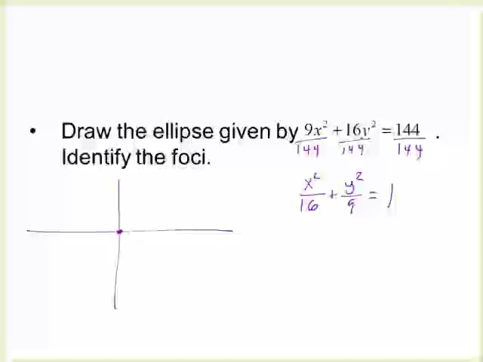Then from the origin, under the x is a 16. We are going to take the square root of that and go that far out along our x-axis. So along our x-axis, from that center, I'm going to go 4 spots and put a dot, and go back 4 spots and put a dot. Those will be our vertices.